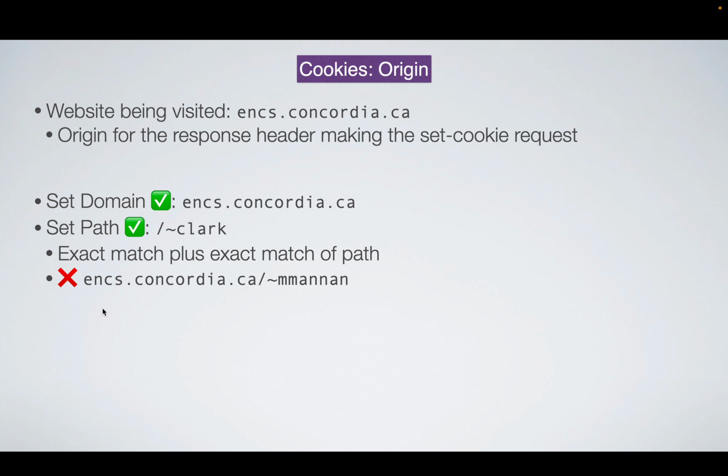But if you went to encs.concordia.ca/Clark, then the cookie would get sent. Okay. So it only gets sent to that exact domain plus that exact path. Okay. Anyways, path variables are basically not used for cookies, but they are there. They're in the spec. You can set them if you want to set them.